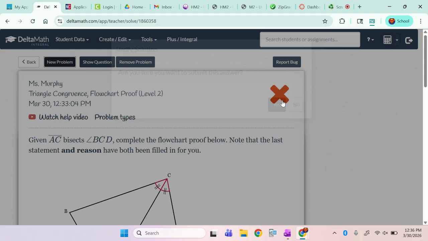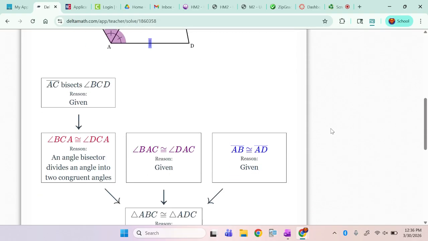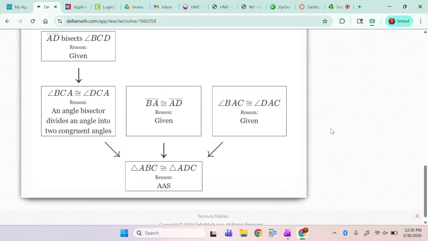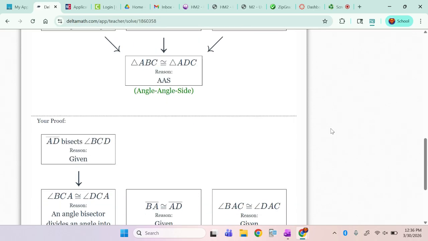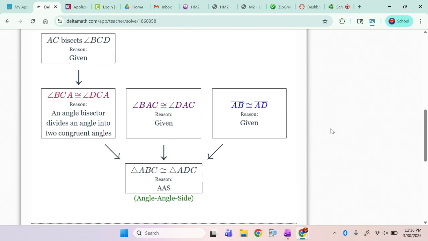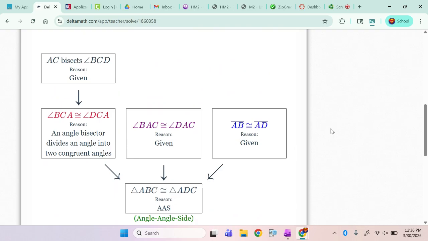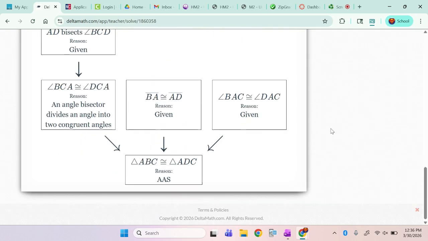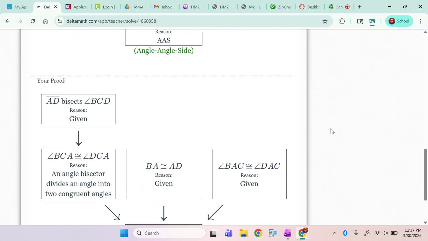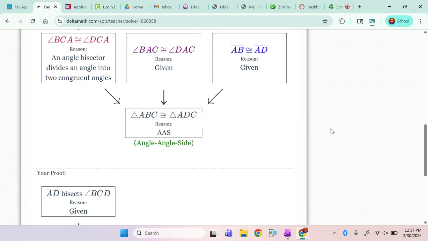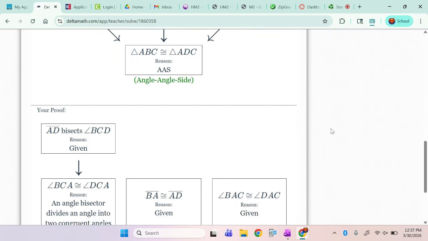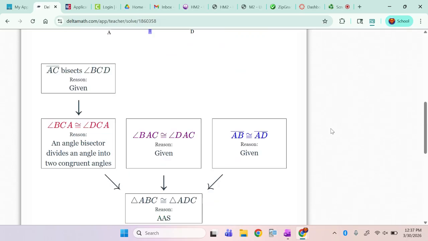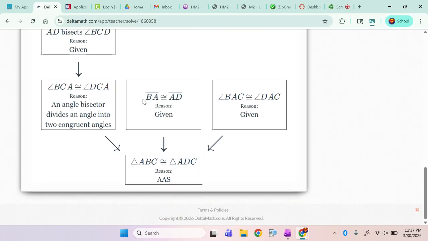I know this is a pain in the butt. What did I do? I probably labeled the angles wrong. Oh, I labeled the sides wrong. Okay, that's why. These are labeled wrong.